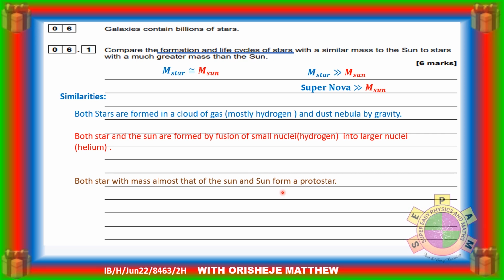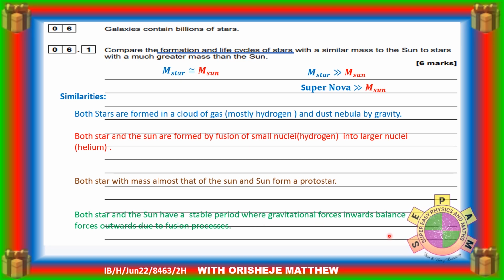Now, both stars have a stable period where the gravitational force inward balances the force outwards due to fusion processes. So you have these 4 points that you can talk about in the formation of stars and their life cycle. These are the 4 areas of similarity you can talk about. You can mention any 3 out of these.